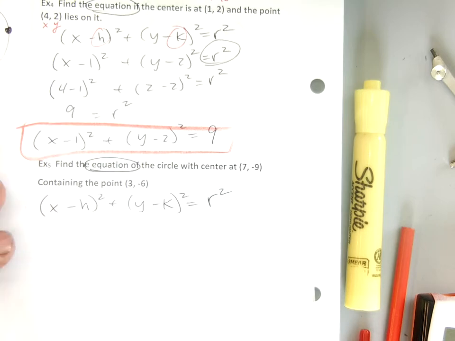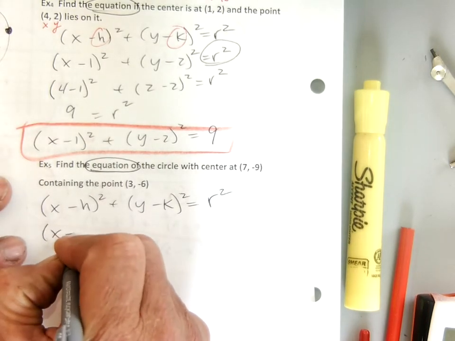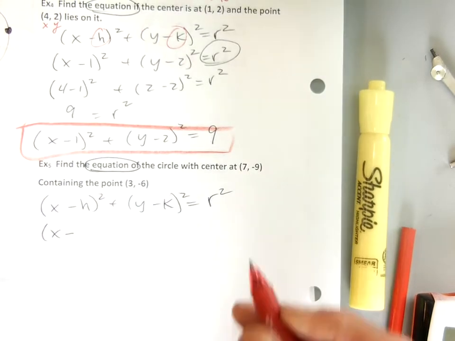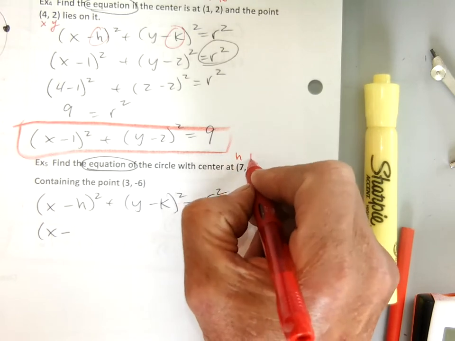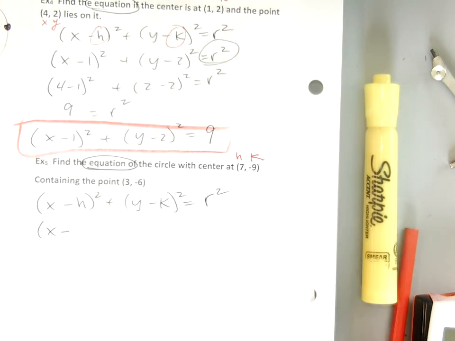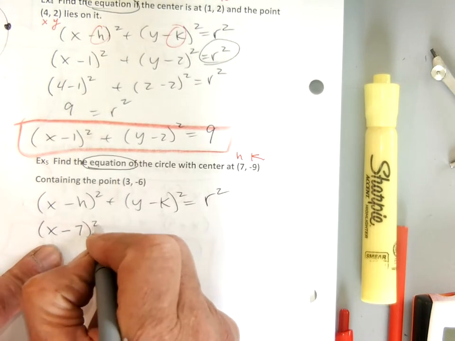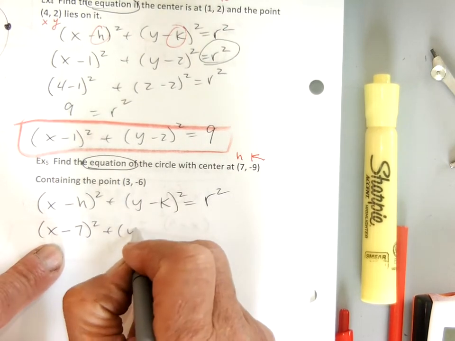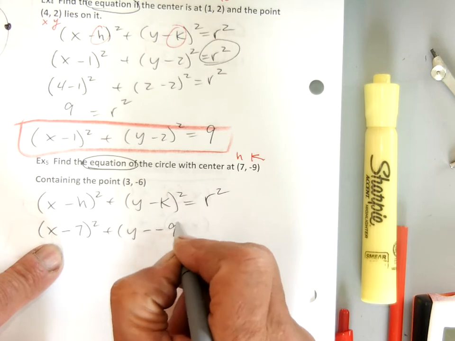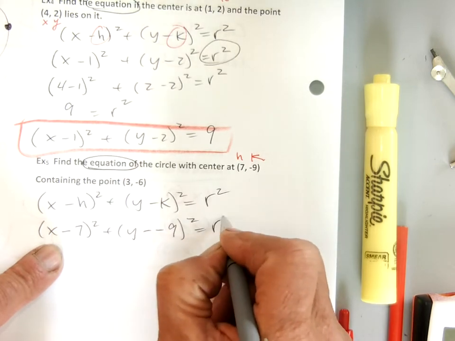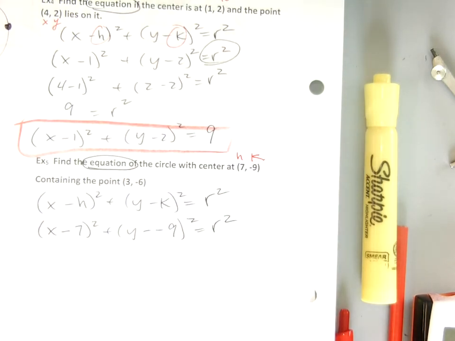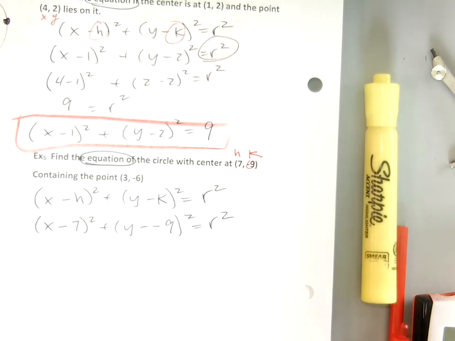So I'm going to go x minus, well, let's see, h and k, right? So I'm going to go (x minus 7) squared plus (y minus negative 9) squared equals r squared. Okay, you all right with the double negative? Of course you are, right? Everybody sees the double negative right there, which we may as well make a plus.